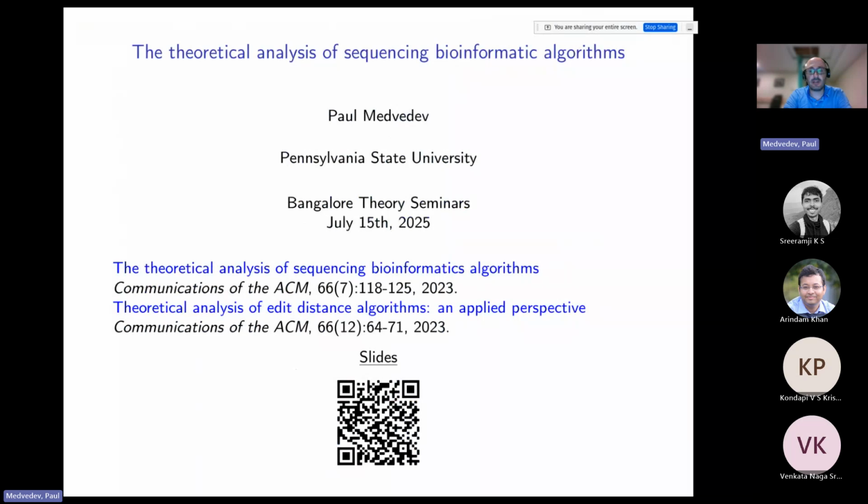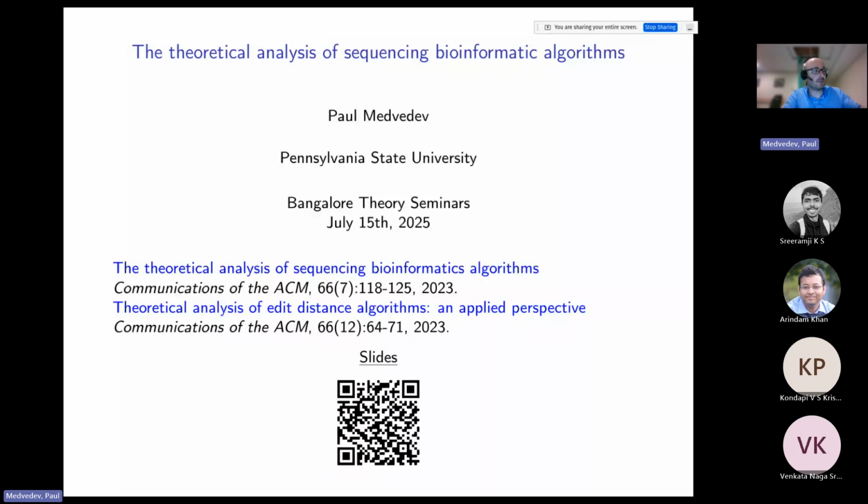So there's an intersection between the two fields, and there's been a rich history of intersection between them. But there's still, I'd say, a big gap between theory and practice, and what I'll talk about is intended to cover that. So the title of my talk is the theoretical analysis of sequencing bioinformatics algorithms.